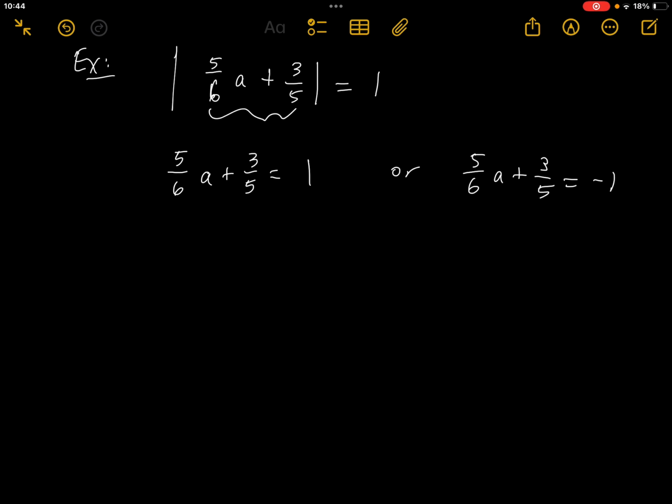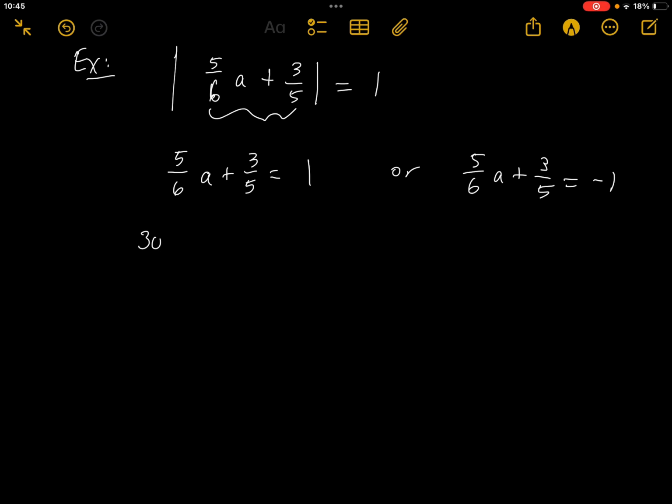So for the first one, one thing you could do is get rid of the fractions. What can I do to both sides? I have a denominator of 6 and a denominator of 5. What can I do to both sides to get rid of the 6 and 5 on the bottom? I can multiply both sides by 30, right, which is 6 times 5.